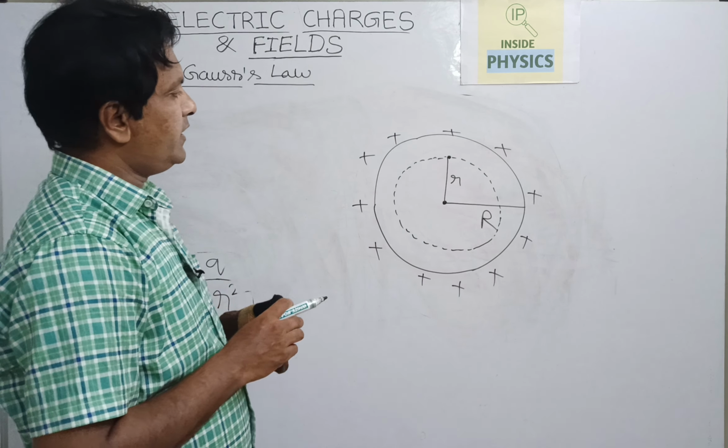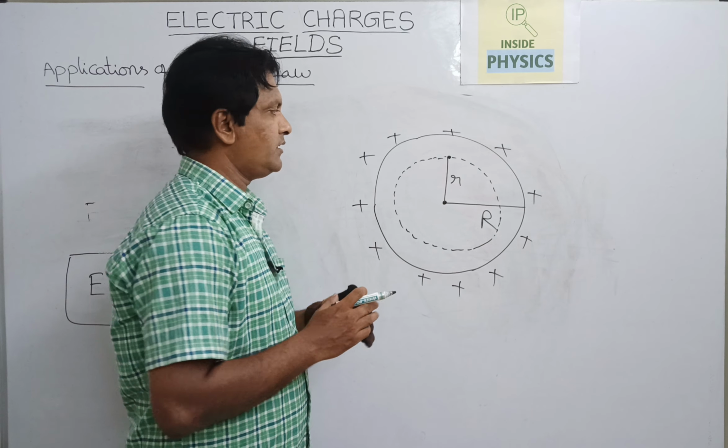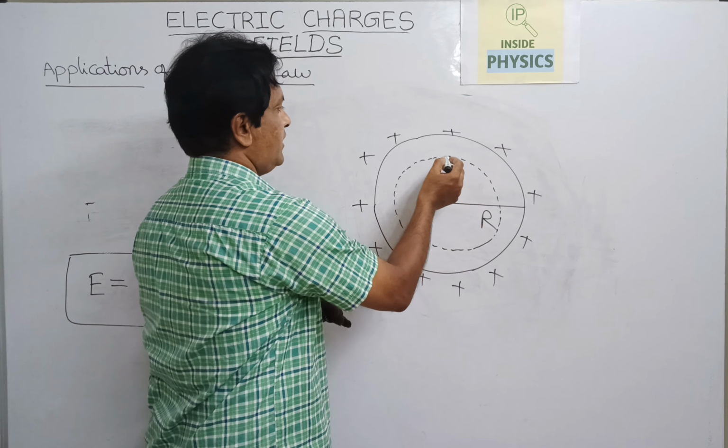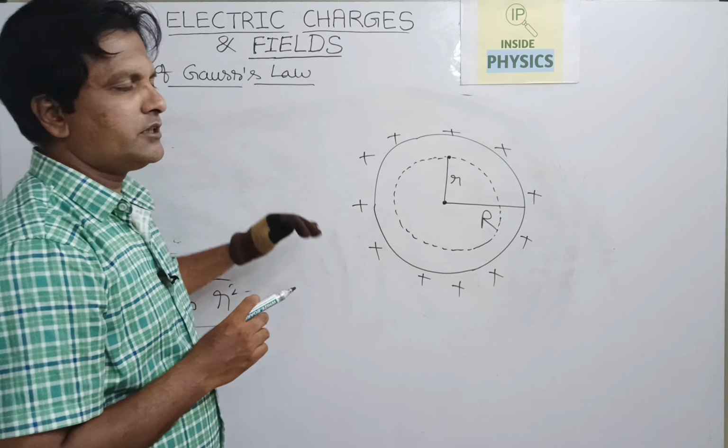So is there any charge enclosed inside the Gaussian surface? That means the sphere imagined inside the charged sphere. So here there is no charge because all the charge is outside the imaginary Gaussian surface.